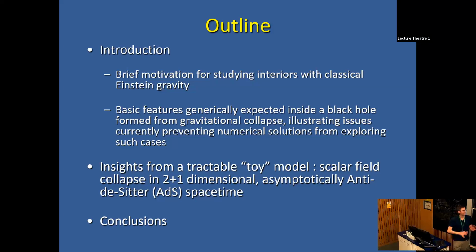I could have had several slides going over the same thing, but luckily I can skip that and go over some of the later results at a more measured pace. I'll just rehash some of the basic properties we expect to see in rotating black hole interiors, focusing on the problems we face in trying to get numerical solutions.